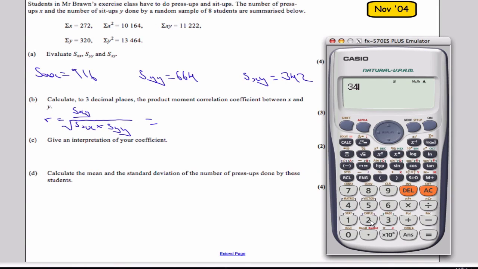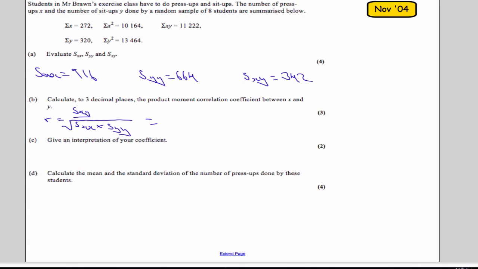SXY 342 all over the square root of SXX 916 times SYY 664. That's what you should have written down, and we get, to 3 decimal places, 0.439. Give an interpretation of your coefficient.